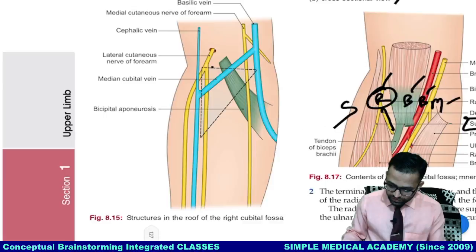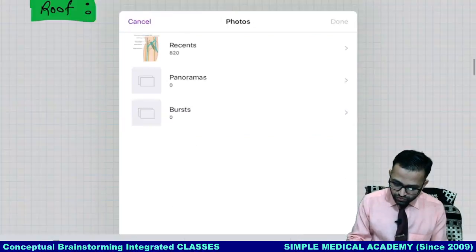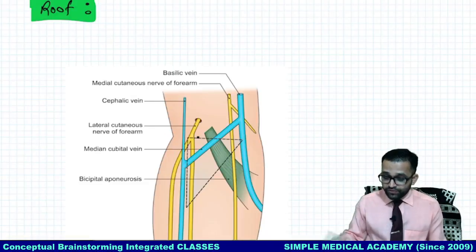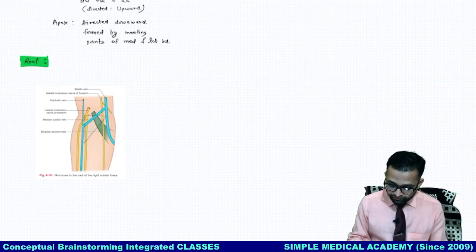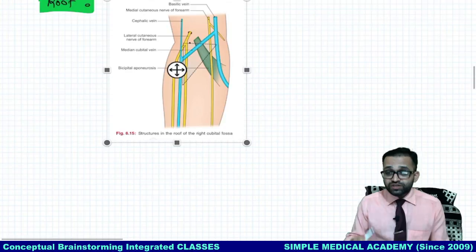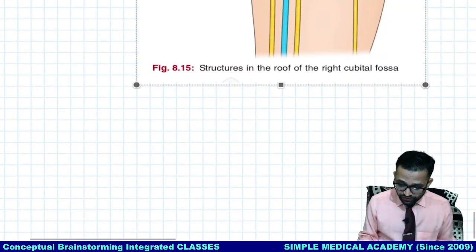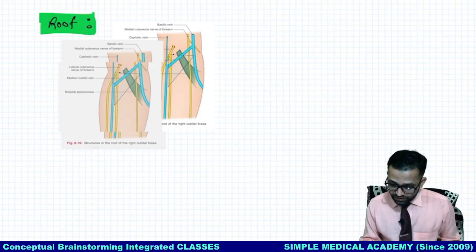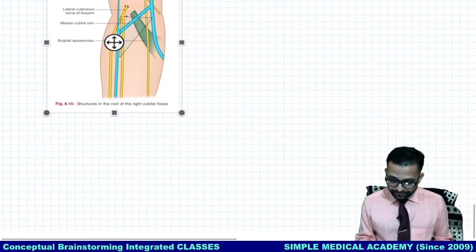We are going to look at this roof. Always the roof is formed by, as I told you during general anatomy, skin, superficial fascia, deep fascia, all these things. So what you can remember, the roof is formed by all these structures one by one.